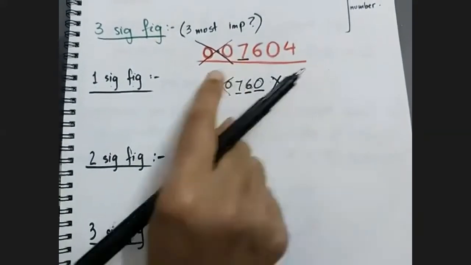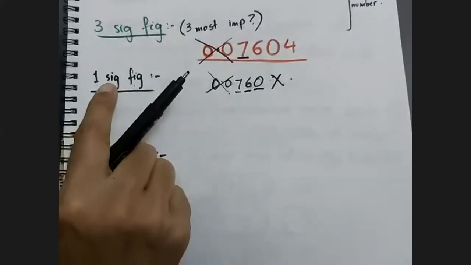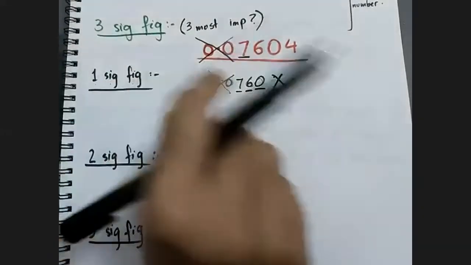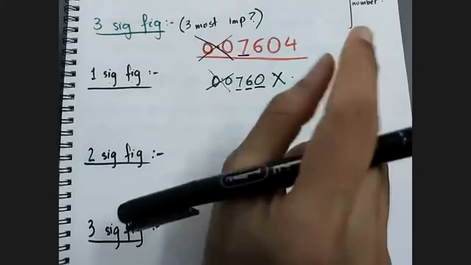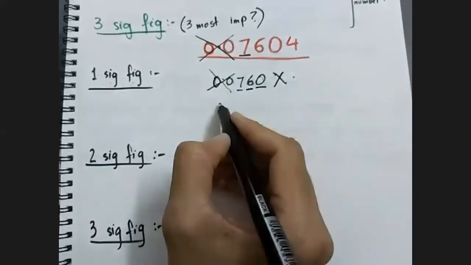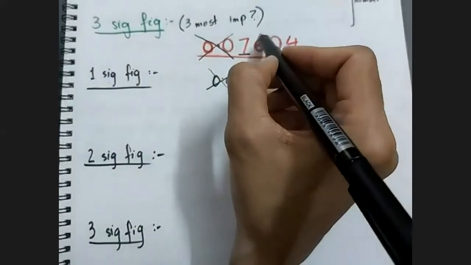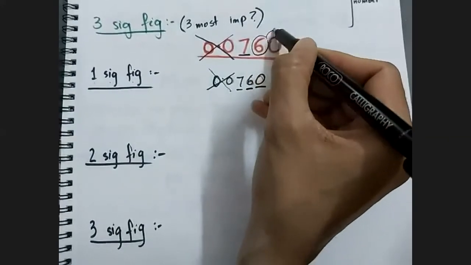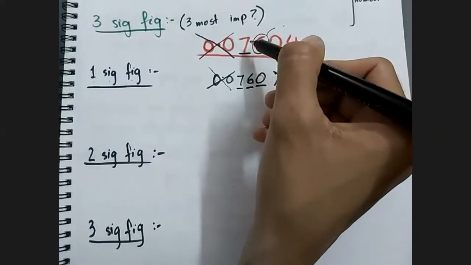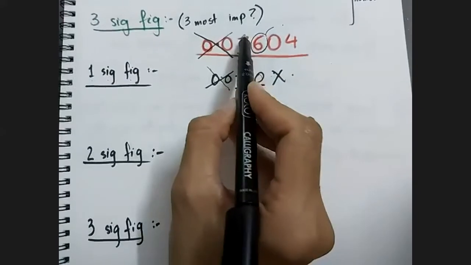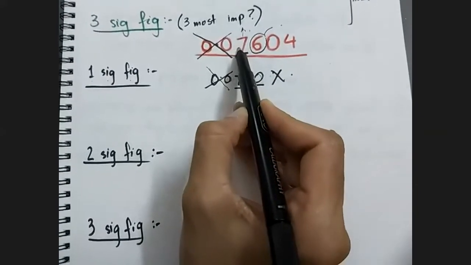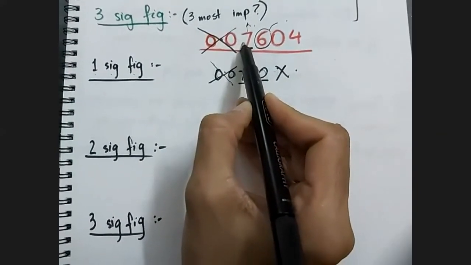Now you want the answer rounded off to one significant figure. You don't want any other significant figure. But before you write down the final answer, look at the digit next to it. It is greater than 5. So that means this digit will go up by 1. Do you understand?